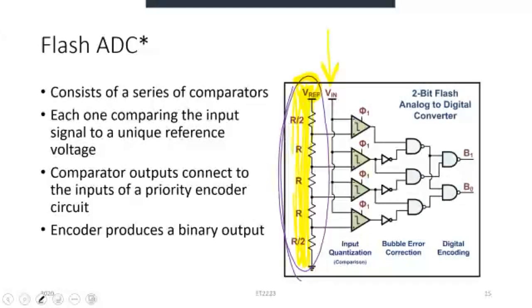Whatever the input voltage will be, it is compared with each of these voltage states, and based on those comparators it will produce a binary output after the encoding part. So it will do the quantization and encoding all in one. But this one is basically a 2-bit analog to digital converter.